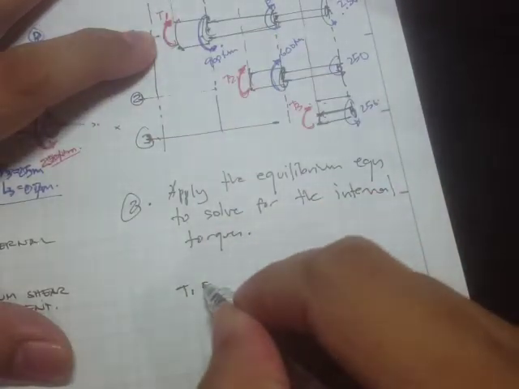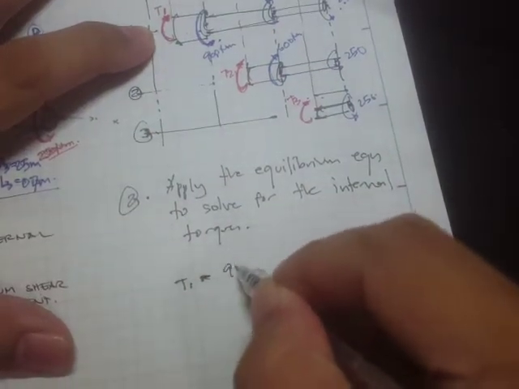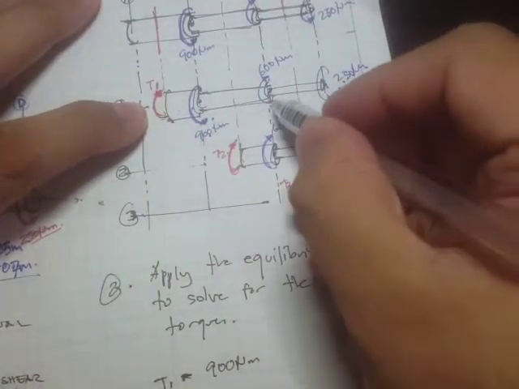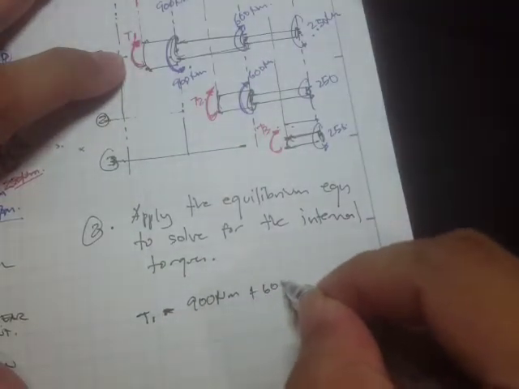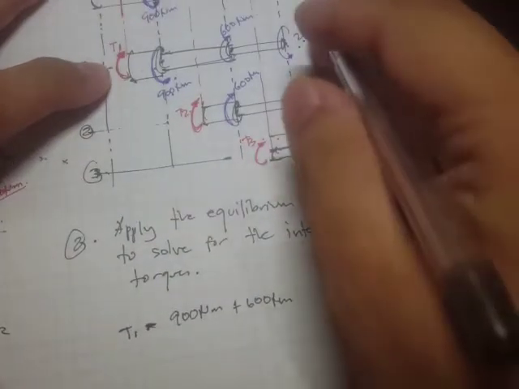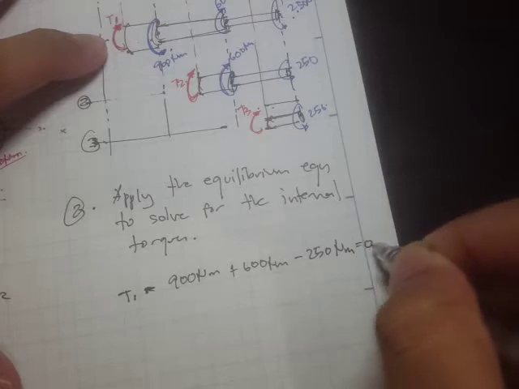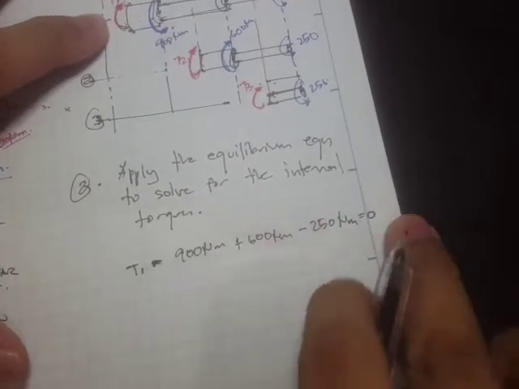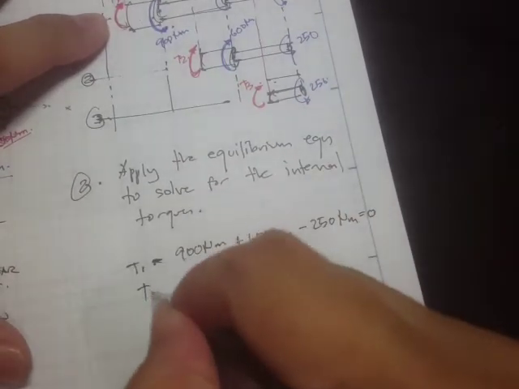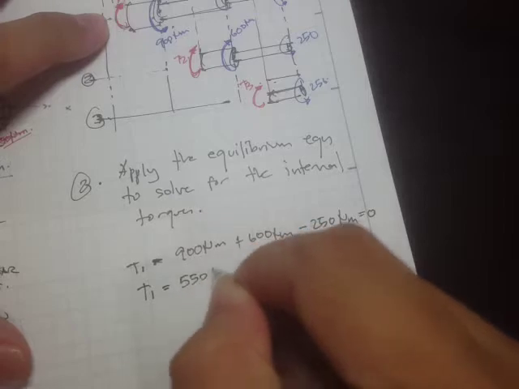Right, so T1 minus 900 Newton meter, because this is opposite direction, and plus 600 Newton meter, and minus 250 Newton meter is equal to 0. So if we transpose this to the right hand side, what we get is T1 is equal to 550 Newton meter.